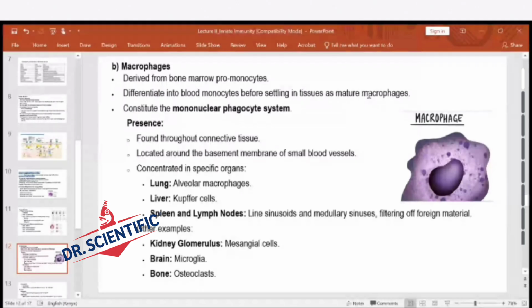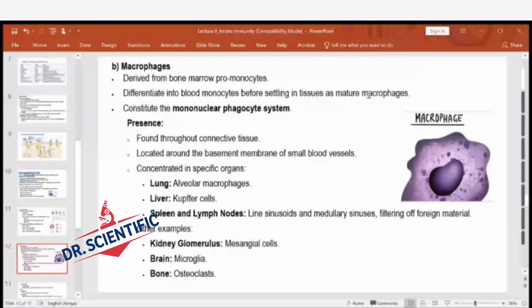Just like I said, dendritic cells are the true APCs. The cell that is made to phagocytose anything is a macrophage. So the moment a macrophage moves to the tissue, it changes its name. We no longer refer to it, okay, it's a macrophage, yes, but usually the name changes.